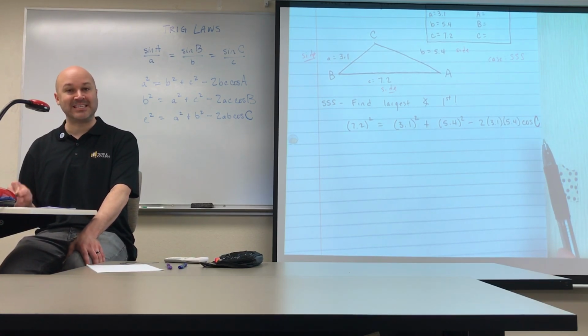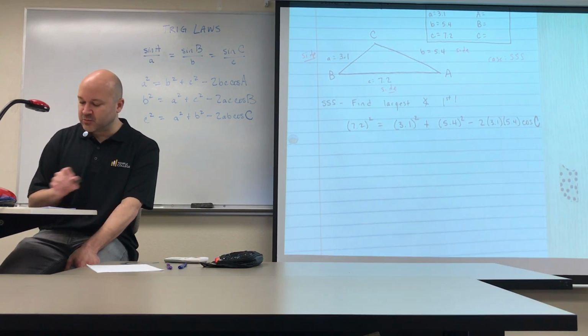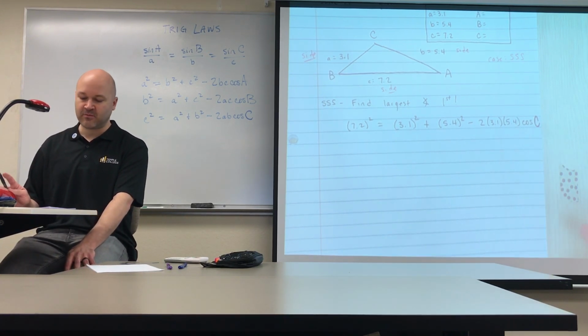So I'm going after angle C in this situation. Now I have an equation with only one unknown. I should be able to solve for it.